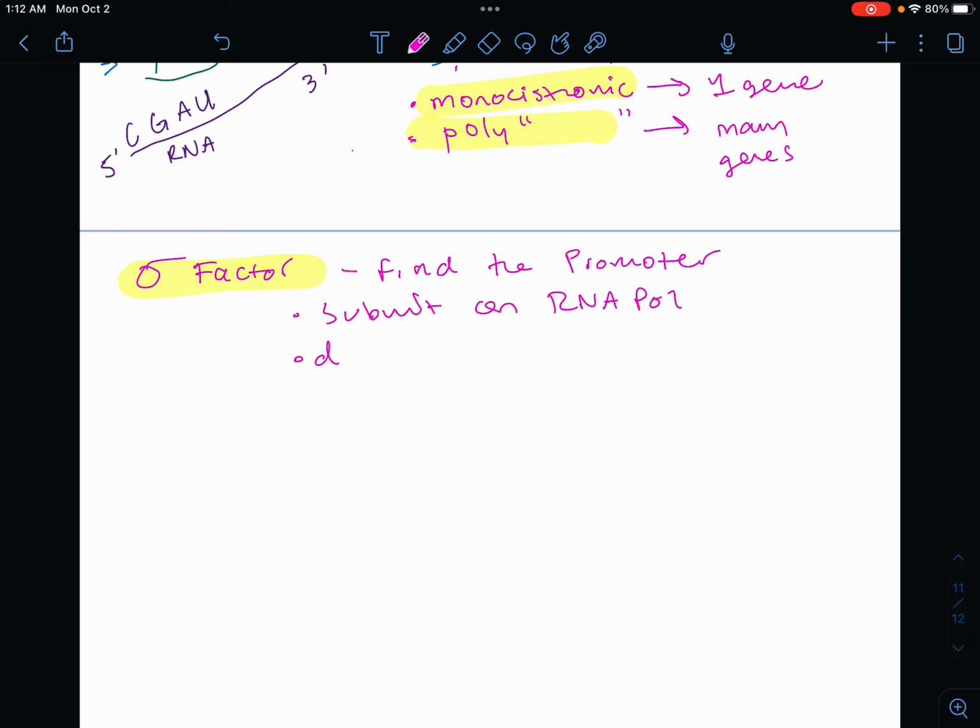And there are different types of sigma. There's a global version, and the global version of a sigma factor means a certain set of genes are going to be affected via this sigma factor.